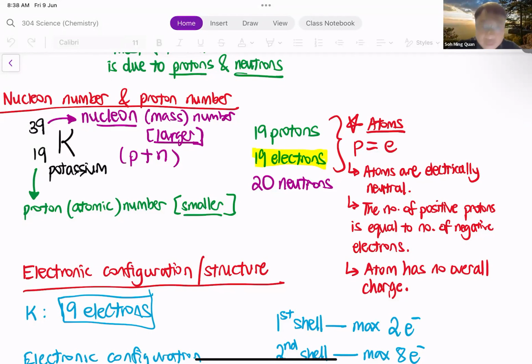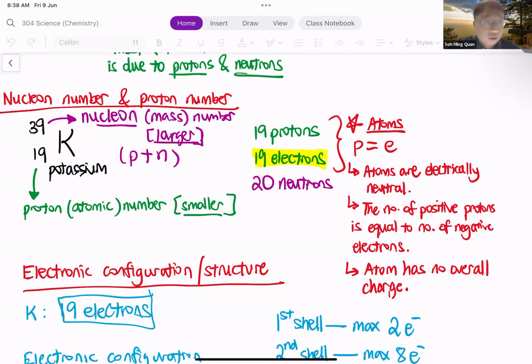And this is because atoms are electrically neutral. So the number of positive protons must be equal to the number of negative electrons, such that the atom has no overall charge. So atoms do not have charge. Atoms are not positive or negative, okay? And this is because the number of electrons is equal to the number of protons.